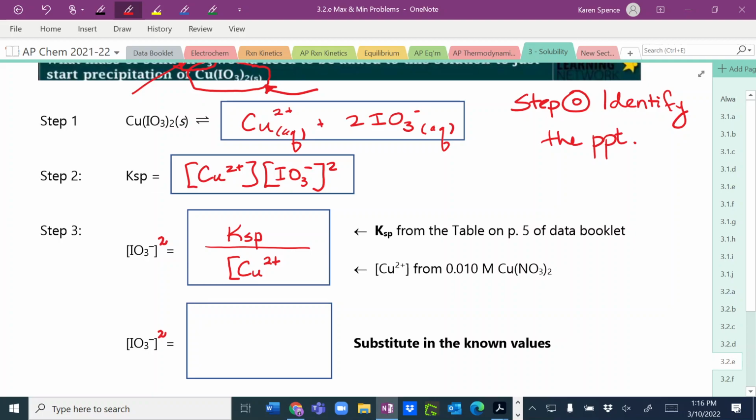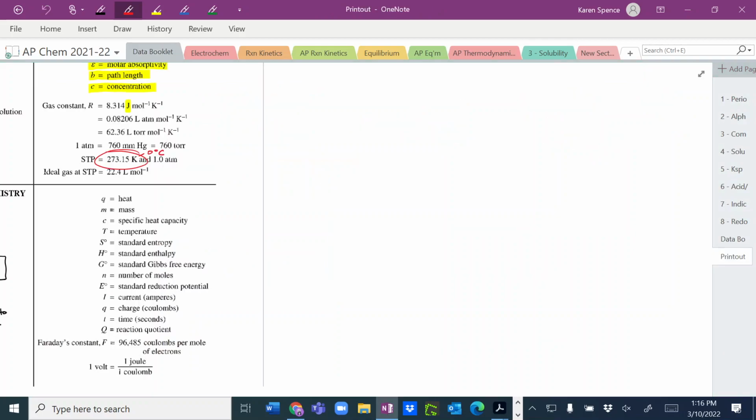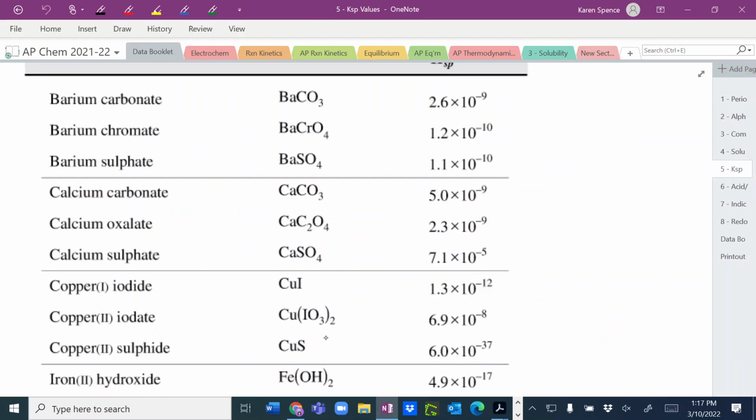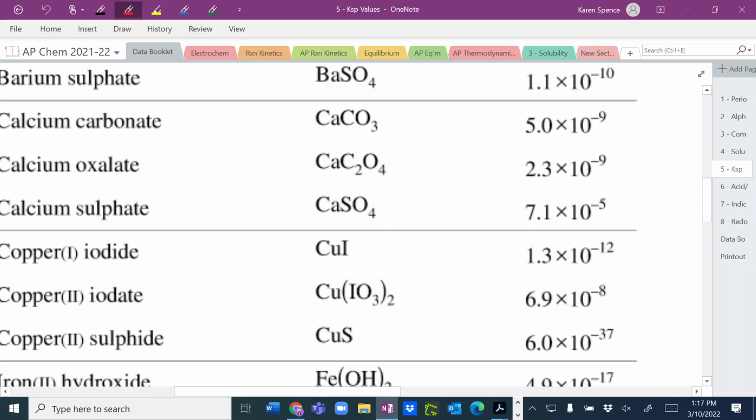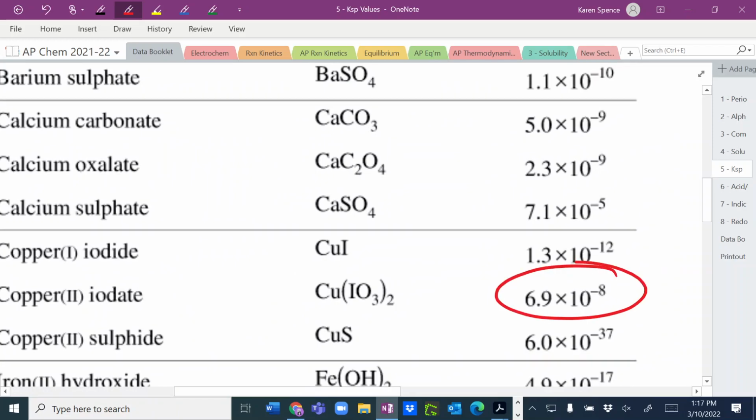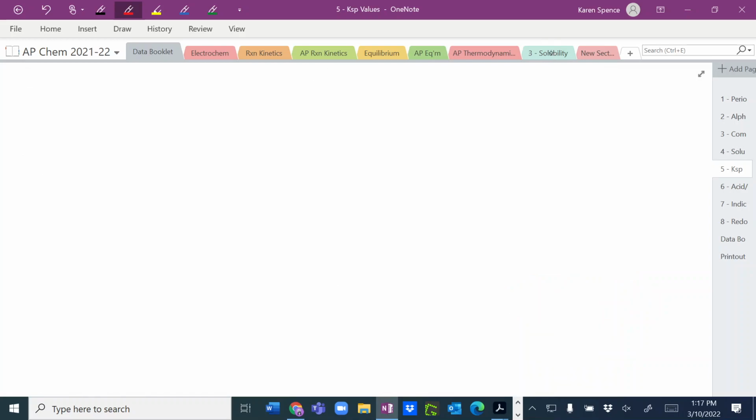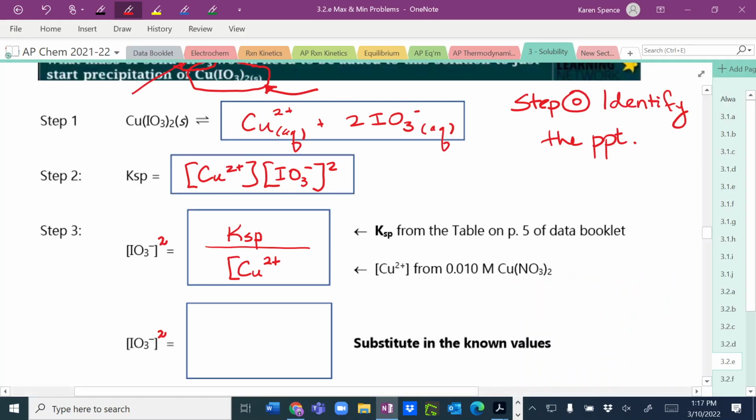Okay. And then we go to our data booklet and we say, what is the KSP from page 5 of the data booklet? Copper 2 iodate, 6.9 times 10 to the minus 8. 6.9 times 10 to the minus 8 over.